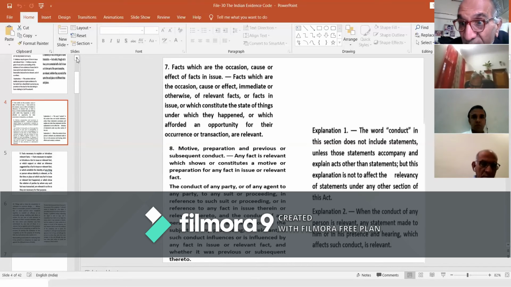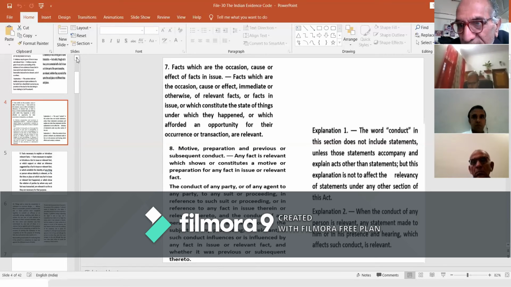So Section 7 itself is providing the relevancy permissibility. Therefore, Section 7 is to be read, with respect to the facts which it permits to be relevant, by again applying the same test and yardstick.